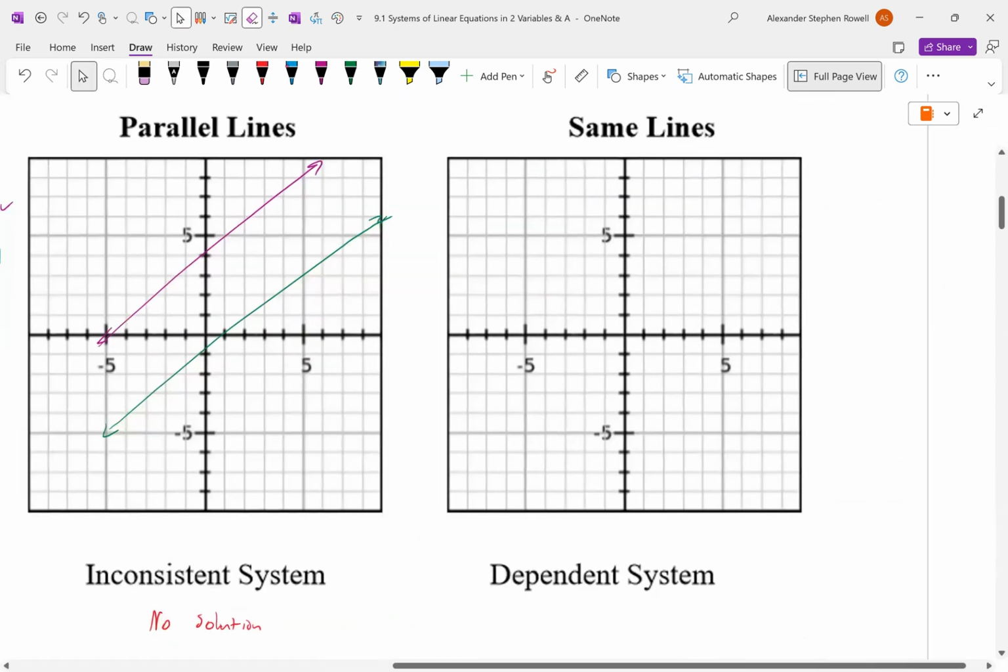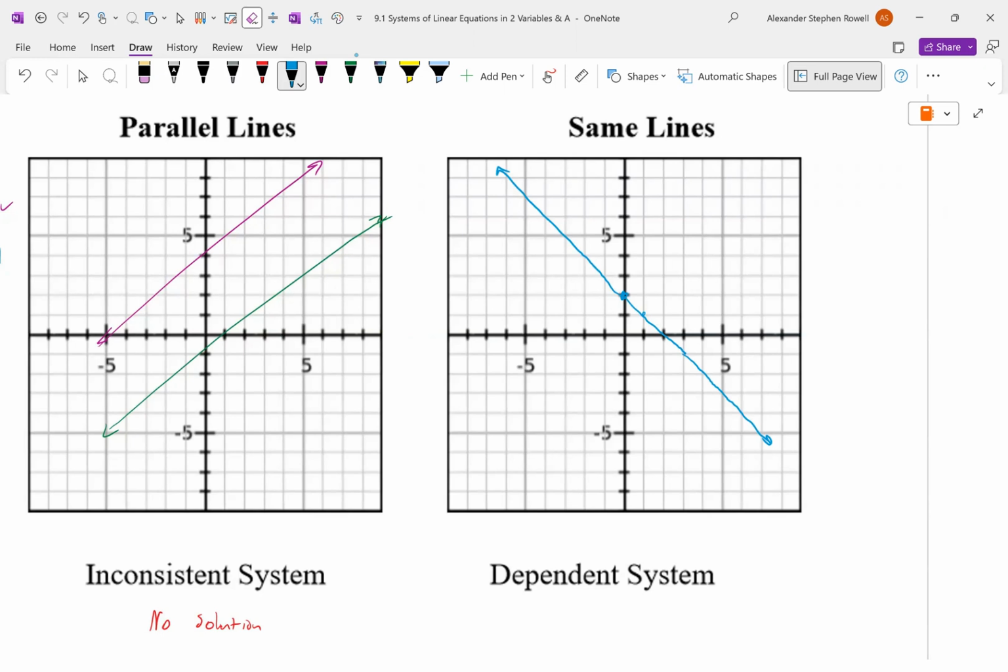And finally, what you might find is you graph one equation. You know what? Let me make an equation that we can actually find. Maybe I'd say this line is y is equal to a y-intercept of 2 and the slope of negative 1. And what if I gave another equation that's exactly on top of it, but maybe we didn't recognize it's the same equation?